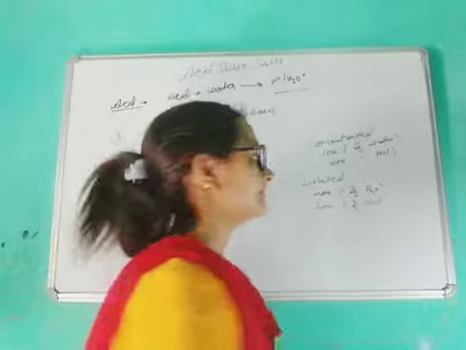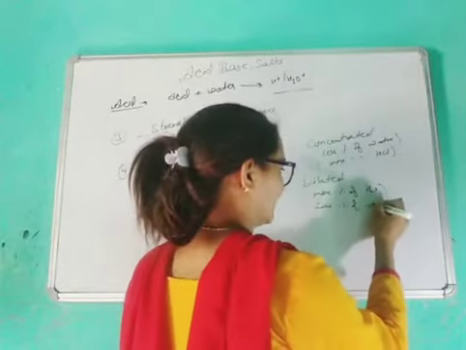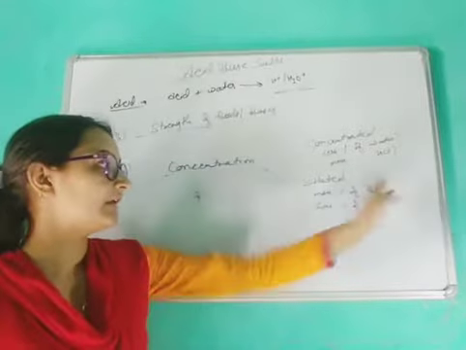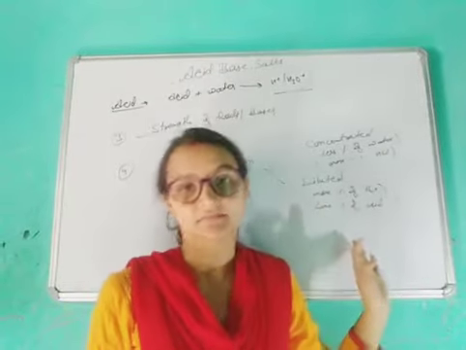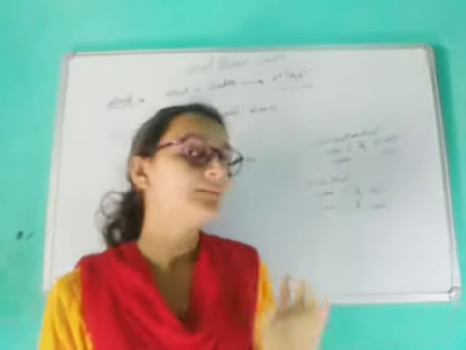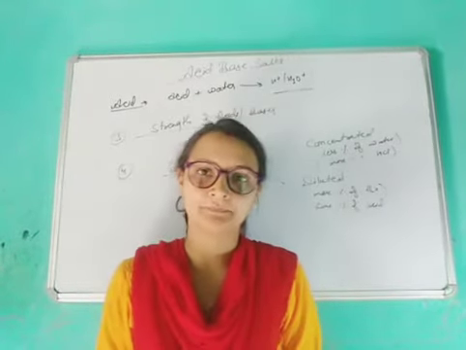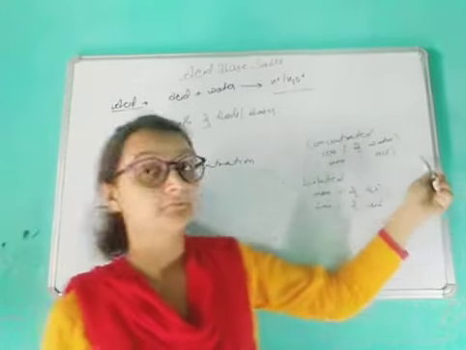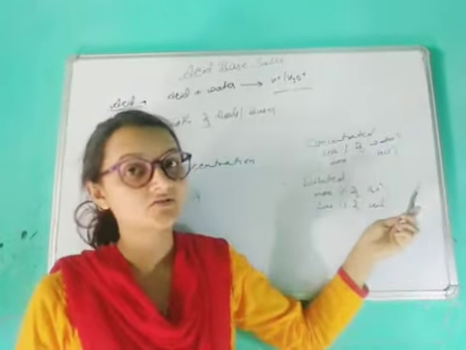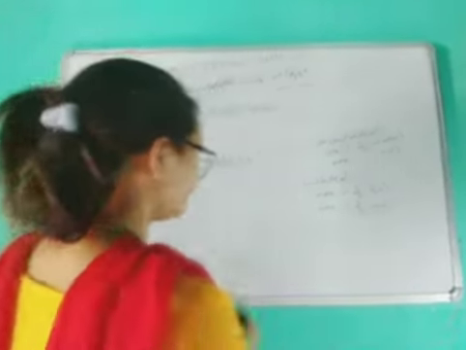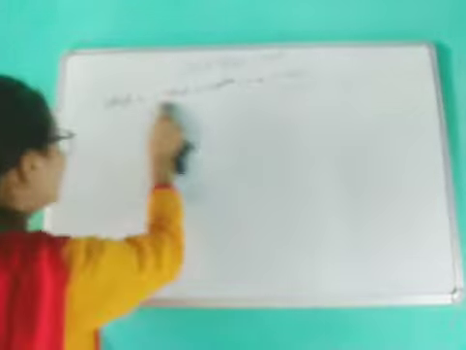Or any acid, whatever it is. So in dilute acid, there will be more water and less acid, and in concentrated, there will be less water and more acid. So the strong acid will be the one in which the concentration of acid is high. Okay, the classification is done.